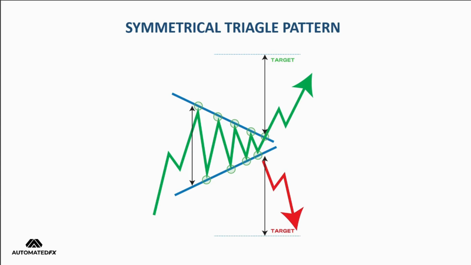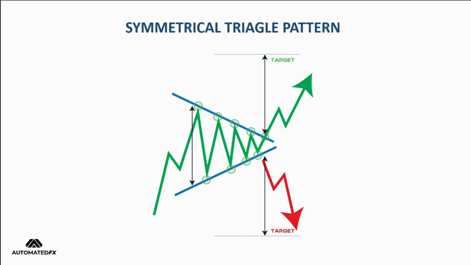And the next important thing is the symmetrical triangle pattern. The symmetrical triangle is typically a continuation pattern, although it can also act as a bilateral pattern. It forms when price creates lower highs and higher lows, resulting in a triangle shape.